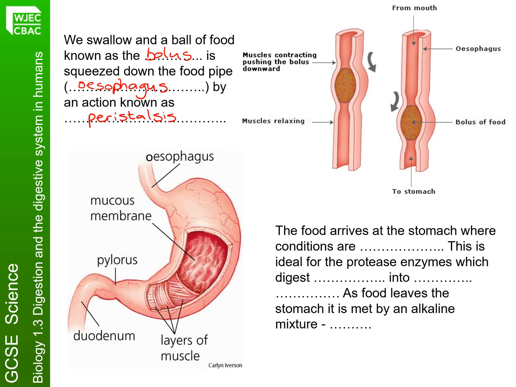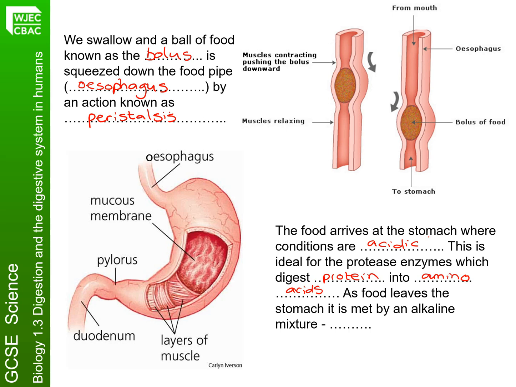The food arrives at the stomach where conditions are acidic. This is ideal for the protease enzymes which digest protein into amino acids.